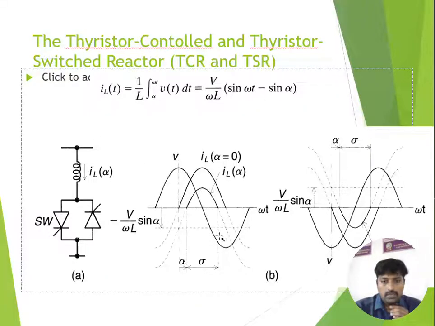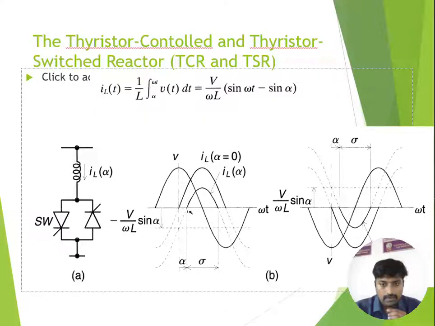This is a voltage. You can say that this is a shunt connected device, with influence only on the current. There is no change in the voltage. That's why this is an inductive circuit, purely 90 degrees lagging current, that is IL. The firing angle is 0. Then the alpha value increases. Alpha means firing angle.